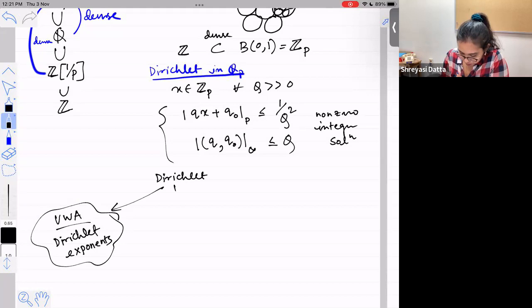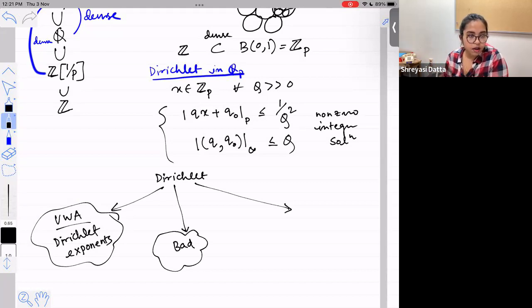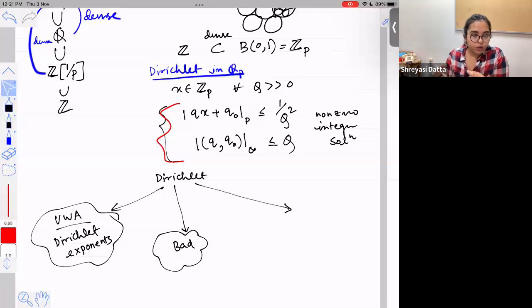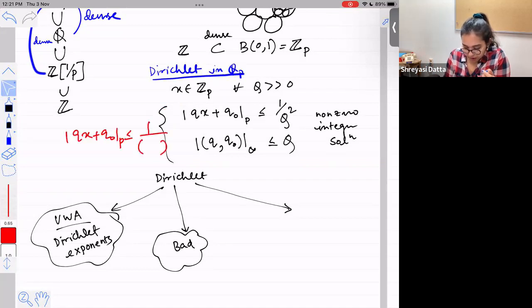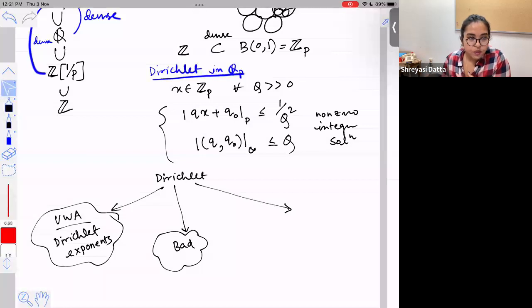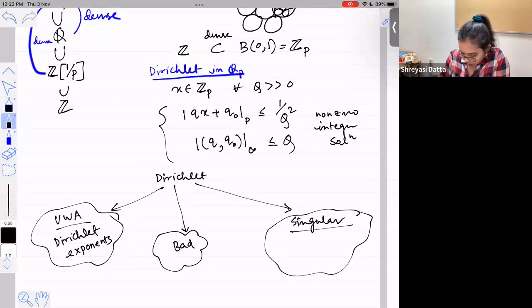You can talk about badly approximable vectors, and also improvability. These come from a corollary of Dirichlet: you can say that the p-Adic norm of qx plus q_0 is less than 1 over the norm squared for infinitely many q and q_0. From there, you can improve that and talk about very well approximable or Dirichlet exponents. And the points for which you cannot improve that inequality are the badly approximable vectors. Then also you can talk about singular vectors, and more generally uniform exponents.